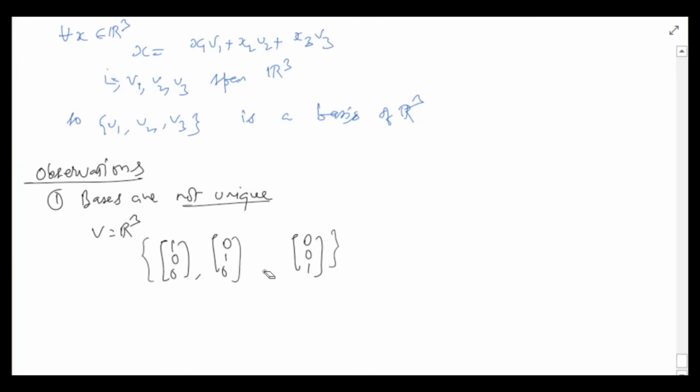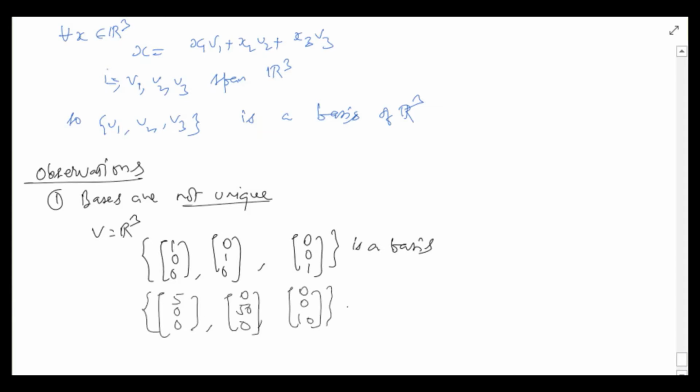This is a basis, but if I write say 5 0 0, 0 50 0, 0 0 10, this is also a basis. So bases are not unique.